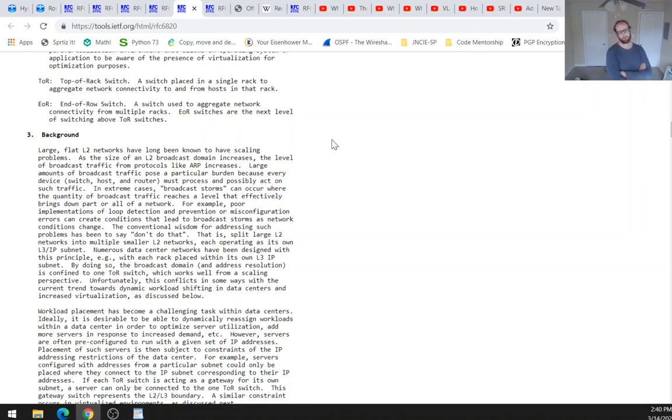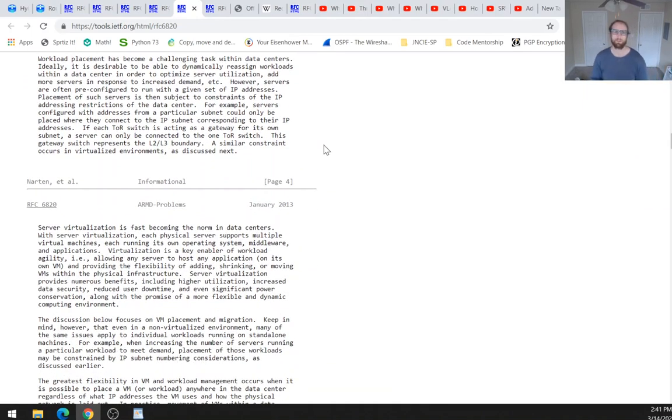Numerous data center networks have been designed with this principle. For example, each rack placed within its own L3 IP subnet. By doing so, the broadcast domain and address resolution is confined to one top-of-rack switch, which works well from a scaling perspective. Unfortunately, this conflicts in some ways with the current trend towards dynamic workload shifting in data centers and increased virtualization, as discussed below.